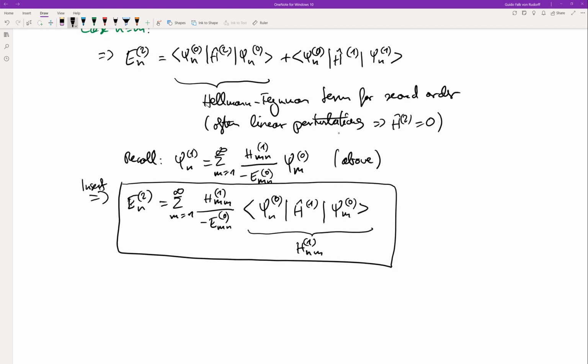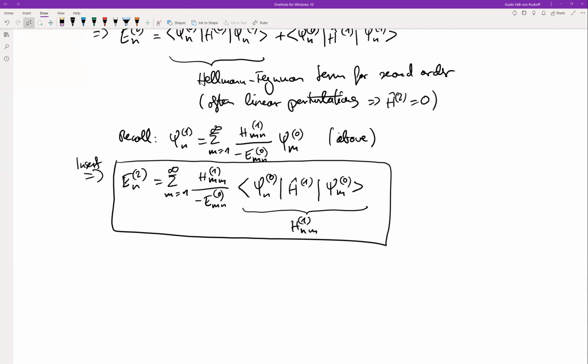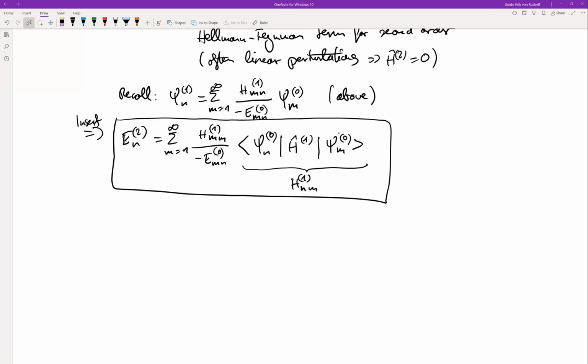And that's really neat, because in this case we get the energy expressed only in information that we already have at hand. Now you can see that we have, sorry, this is Mn, correct this, like so.